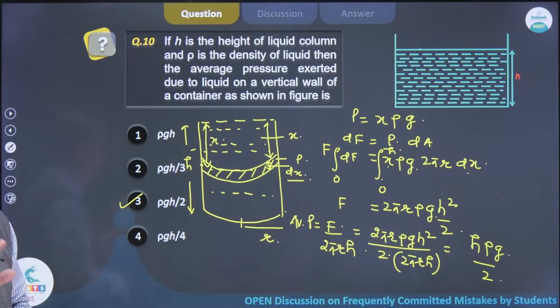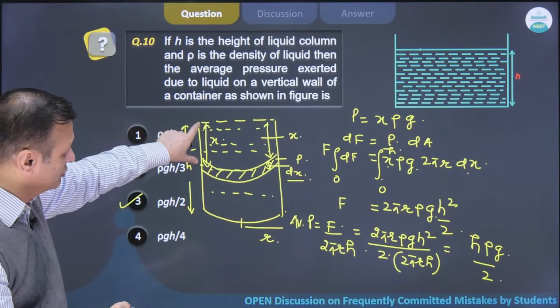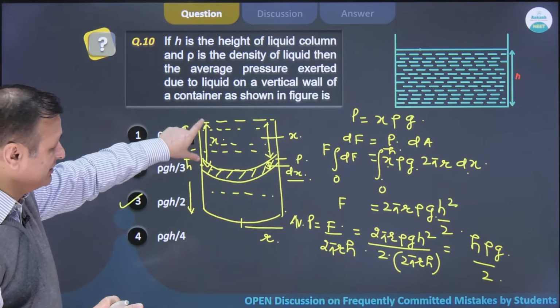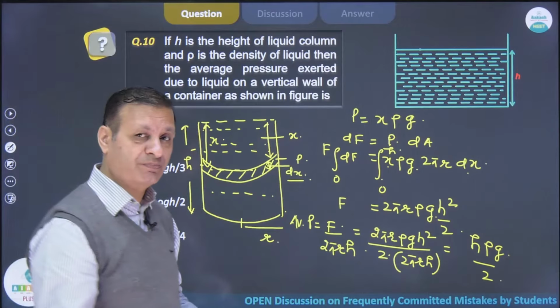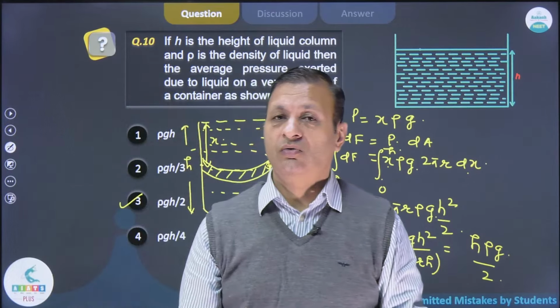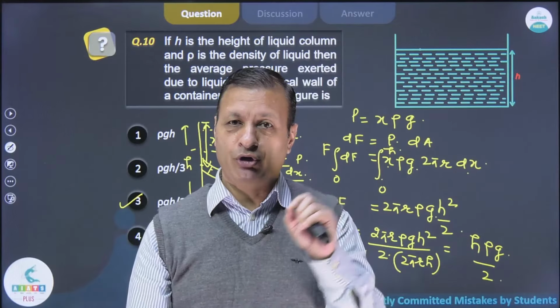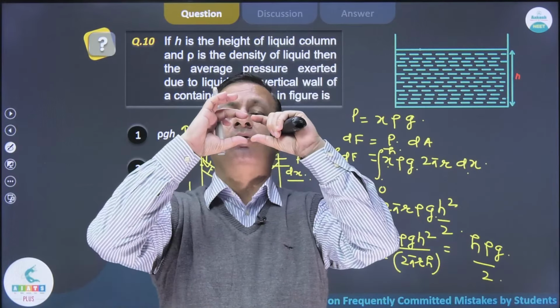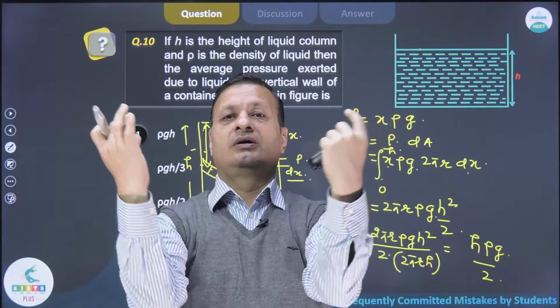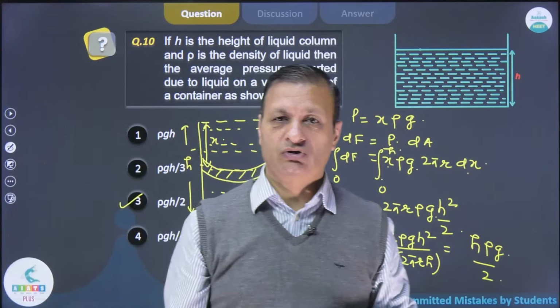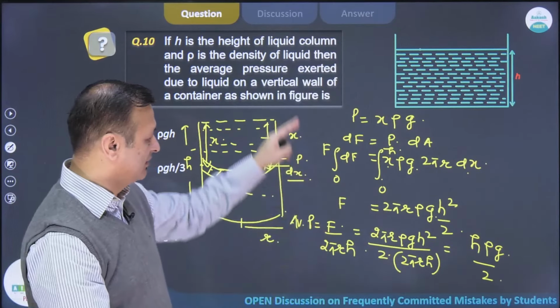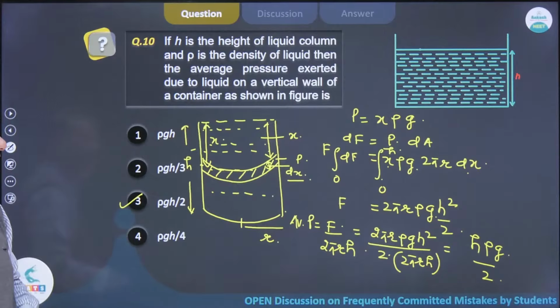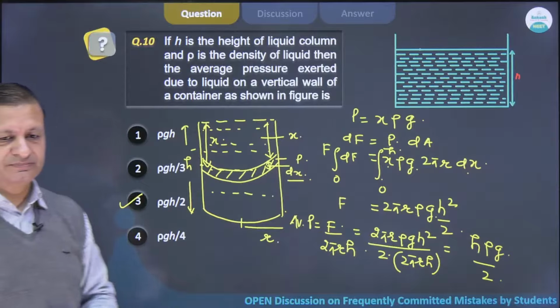So instead of h rho g, we have a column x that is exerting pressure at point P. So x rho g was the pressure assumed at that point of observation, and that point was on the one strip of observation on the vertical walls. And this is how we have attempted the rest of the concept. Any doubt from this part?